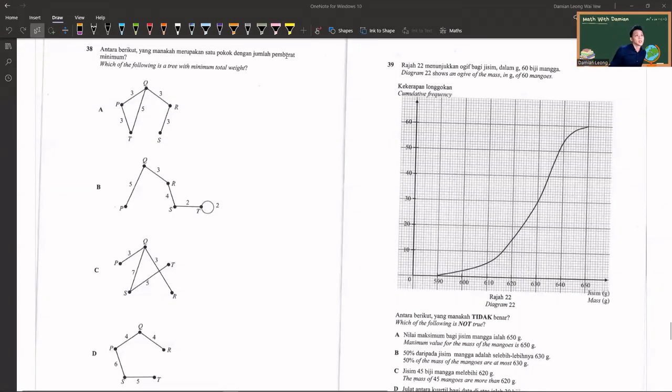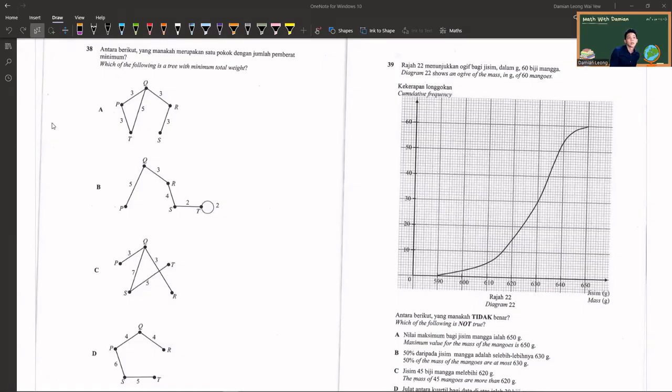So question 38, antara berikut yang manakah merupakan satu pokok dengan jumlah pemberat minimum. So kami perlukan pokok. So pokok tidak boleh ada gelung. Tidak boleh ada gelung di antara titik, ya, di antara bucu dia.